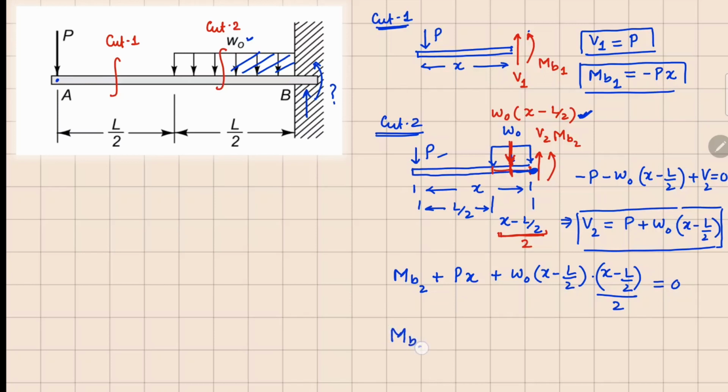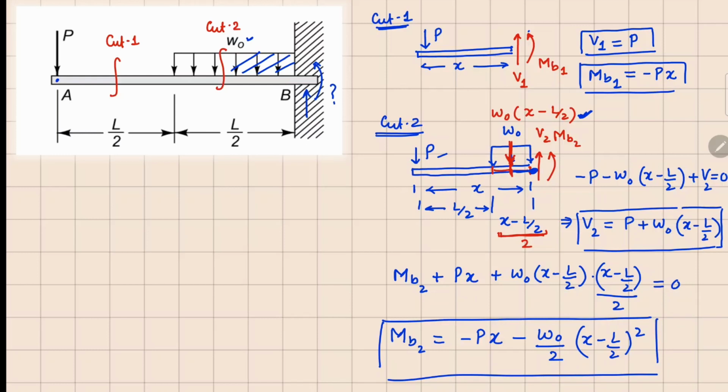So from this you can see your MB2 value is minus Px minus W0 divided by 2 times x minus L over 2 whole square. So that's the value of your bending moment in the second segment.